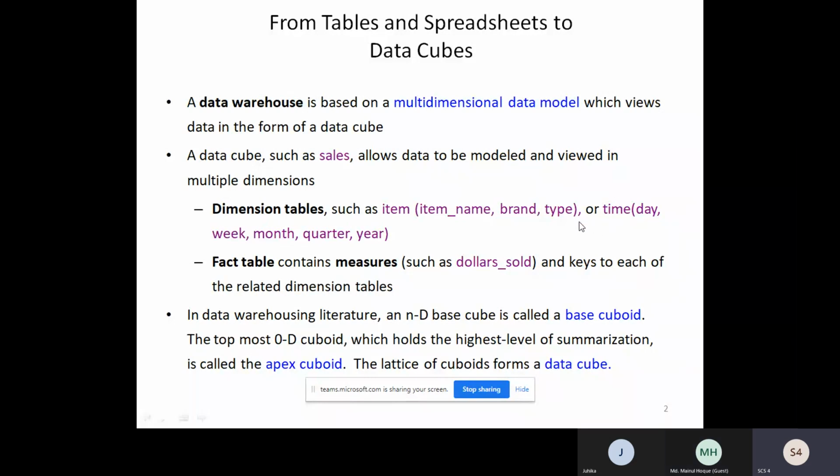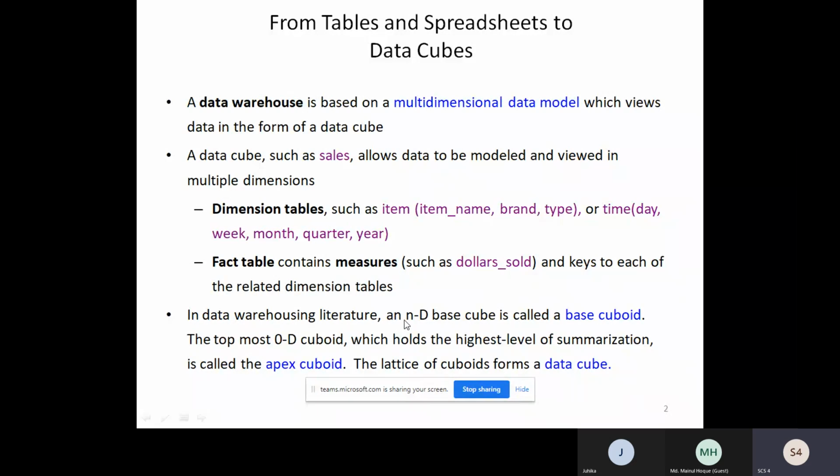Like for time we have day, week, month, quarter, year. So time we can look at from different perspectives, from day, week, month, quarter, year. Similarly, for measure, how can we measure sales? We can measure in rupees, or dollars, like that.